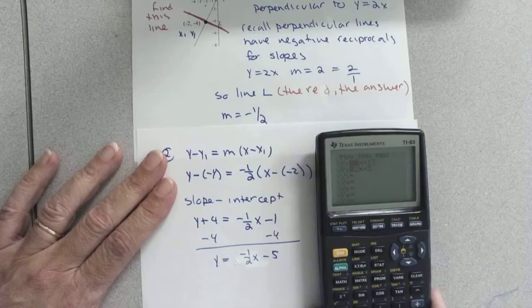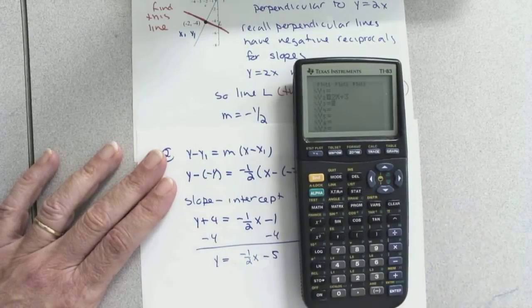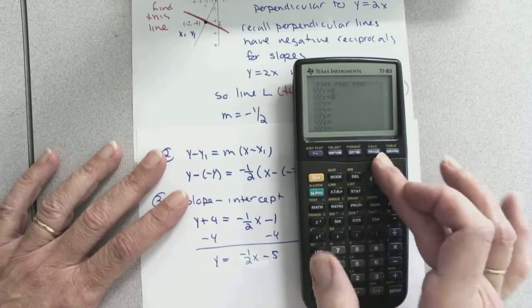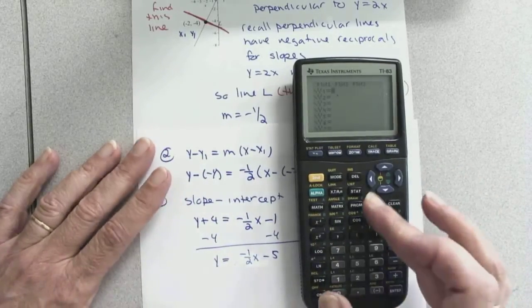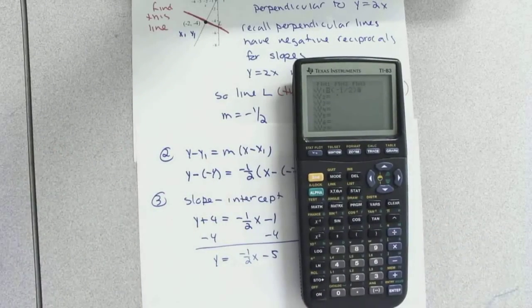So I'm going to put my answer in there, clear out the old lines. And so we've got y equals negative 1/2 x minus 5. I'm just putting the fraction in parentheses to emphasize here is my slope.